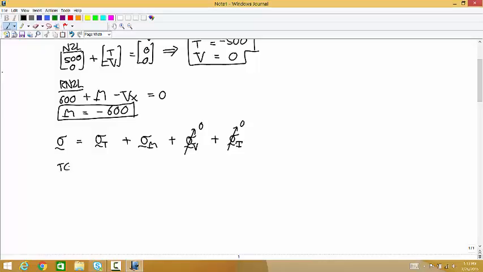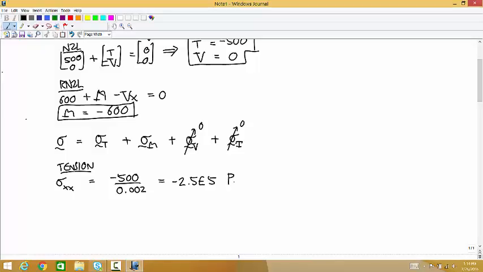So let's first think about the tension. T is equal to negative 500, so sigma xx is equal to negative 500 divided by, the height is 0.1, the width is 0.02, so divided by an area of 0.002. So I believe that's negative 2.5 times 10 to the 5.